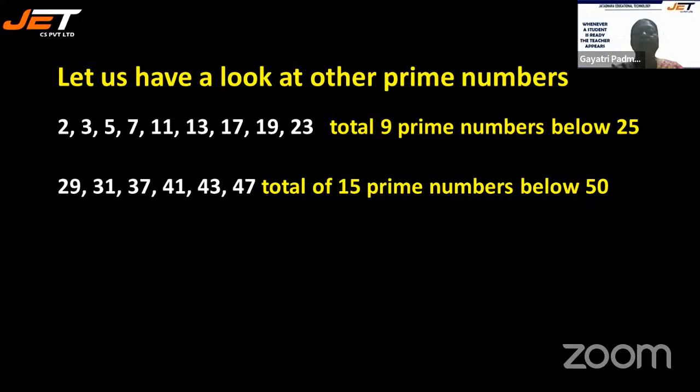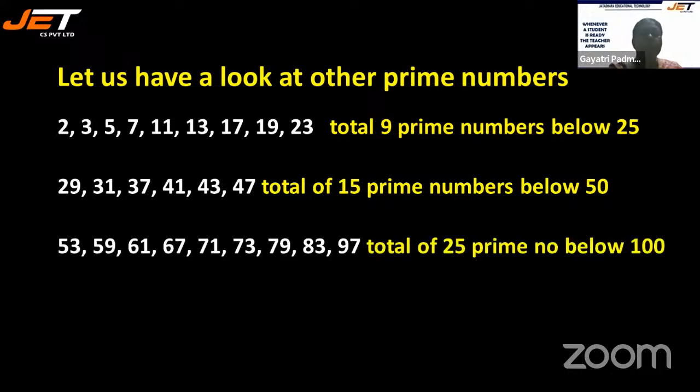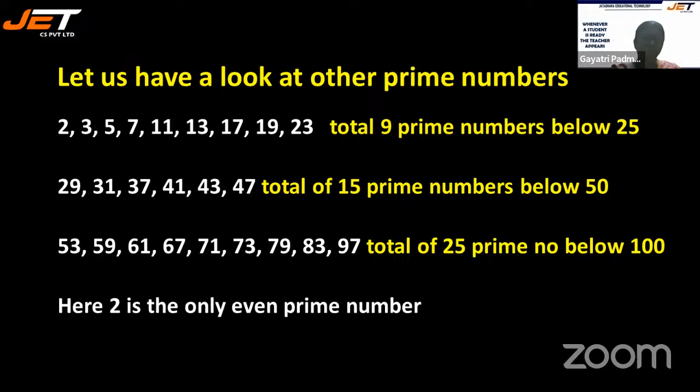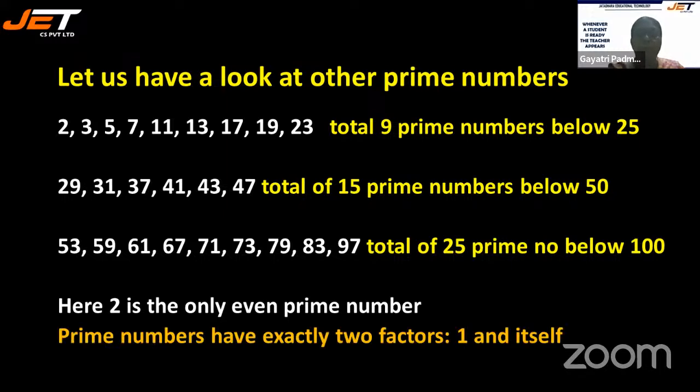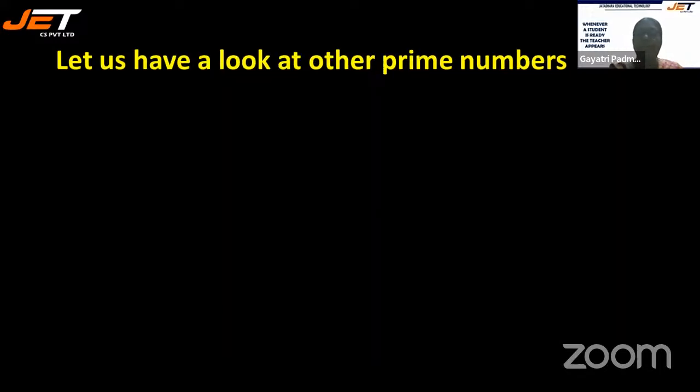So, totally, we have 15 prime numbers below 50. Then 53, 59, 61, 67, 71, 73, 79, 83, 89, 97. So, a total of 25 prime numbers below 100. Here, 2 is the only even prime number. Prime numbers have exactly 2 factors, 1 and itself.